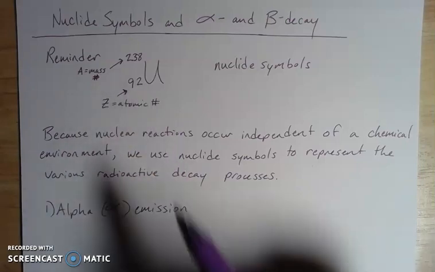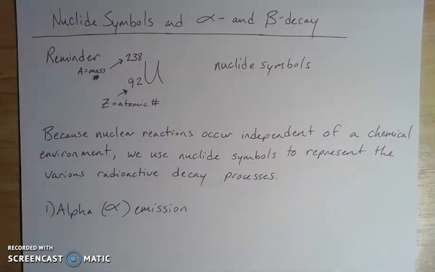So this would be read as uranium-238, and uranium-238, or U-238, is an isotope of uranium that is pretty common, that has 238 particles in the nucleus, 92 of which are protons and the rest are neutrons. And so that's kind of the information and the way that we can use that.